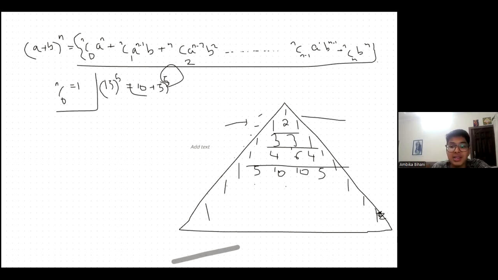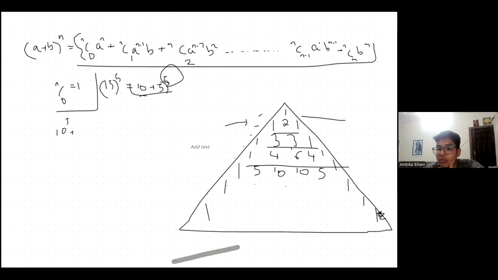So in this case, the first term will be 10 to the power 5 plus nC1. It means you have to select one object out of n objects.